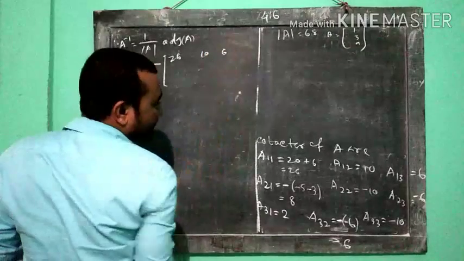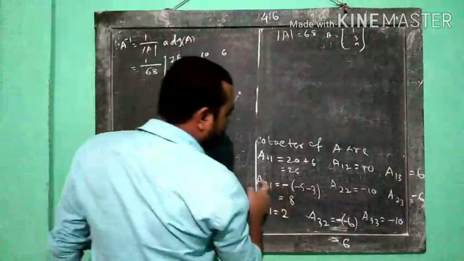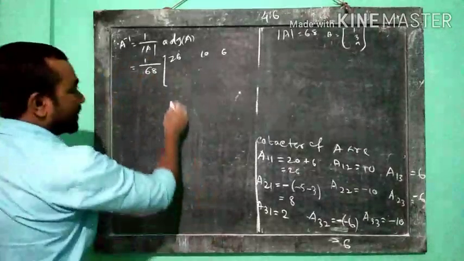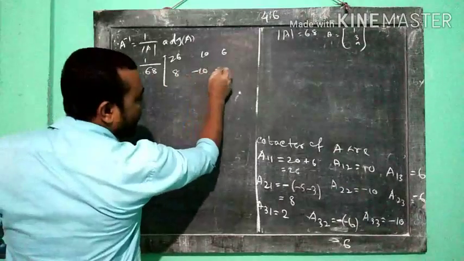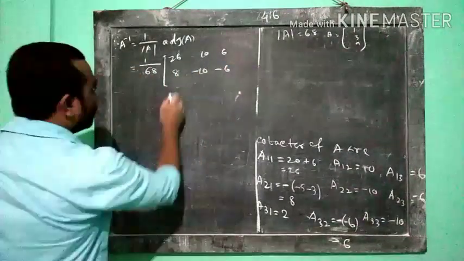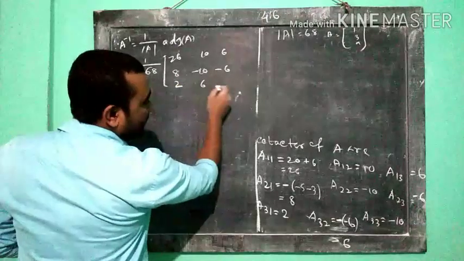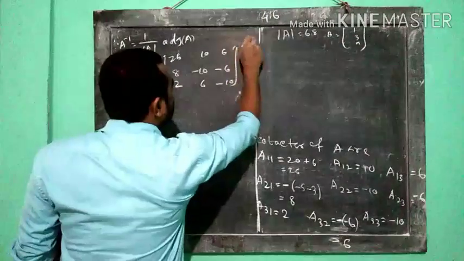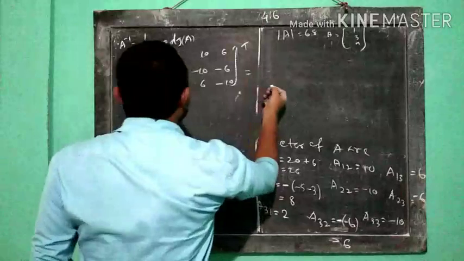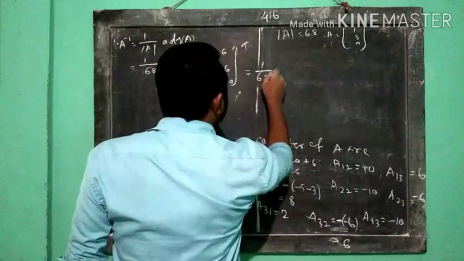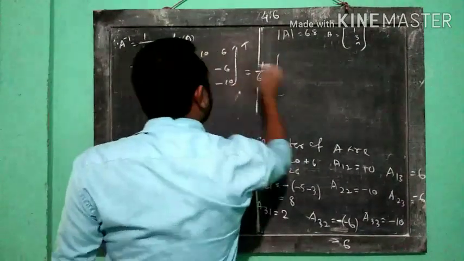Second row is 8, minus 10, minus 6. And third row is 2, 6, minus 10.